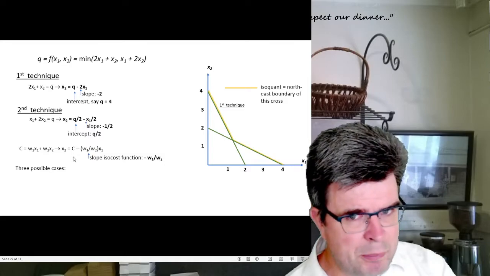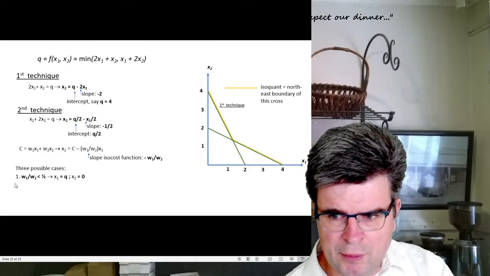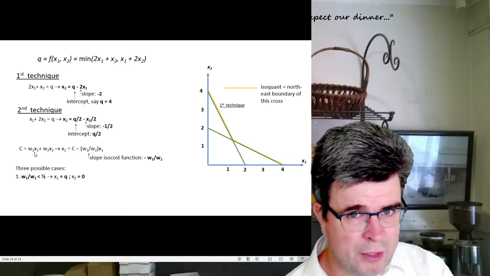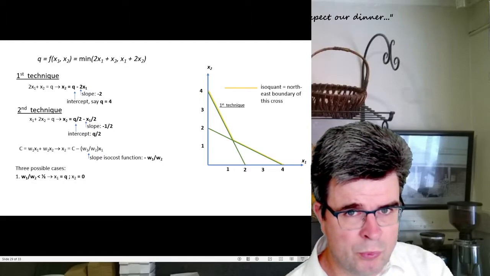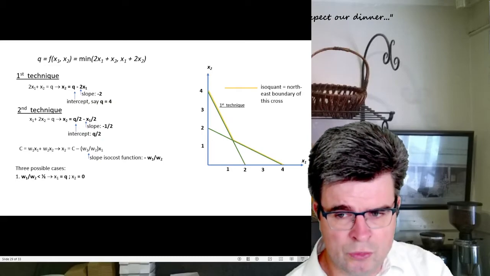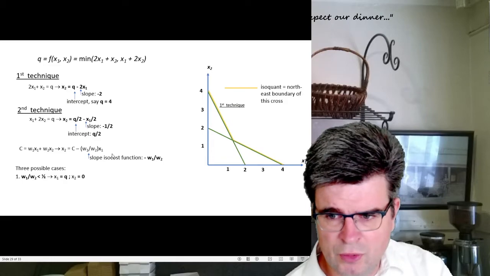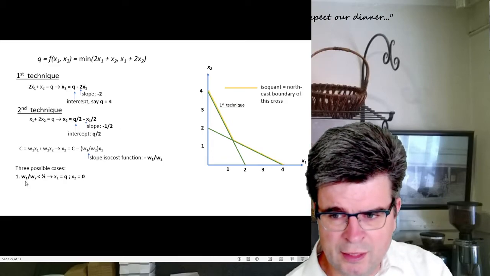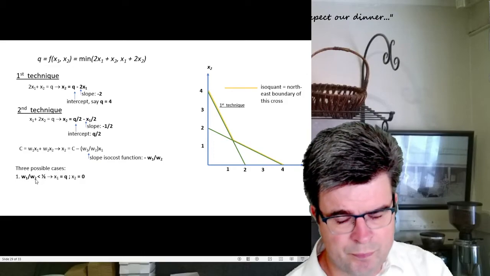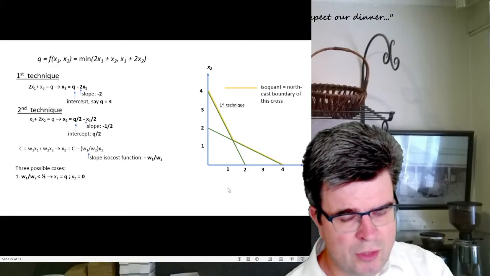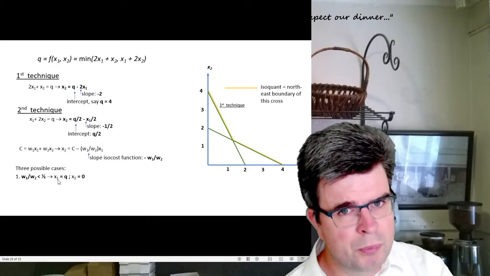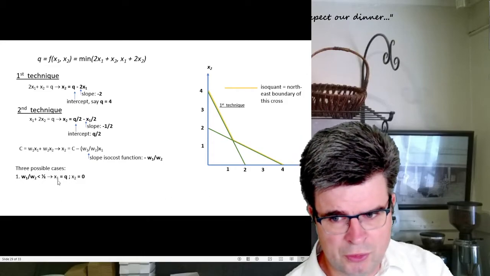Now then, there are 3 possible cases. It can happen that production factor x1 is very cheap compared to production factor x2. So one possible case is that w1 is less than half of w2. In that case, it pays off for the firm to only use production factor x1 in its production.